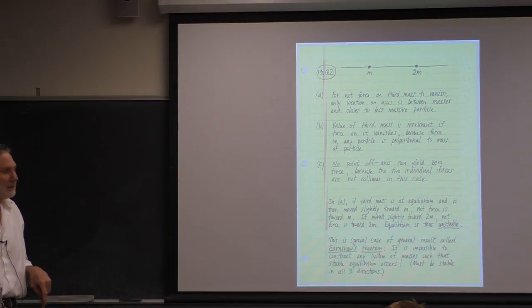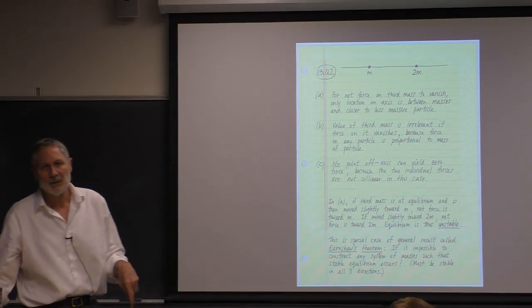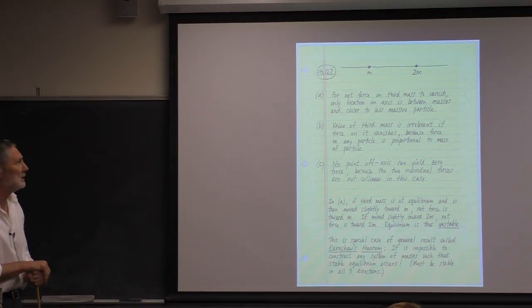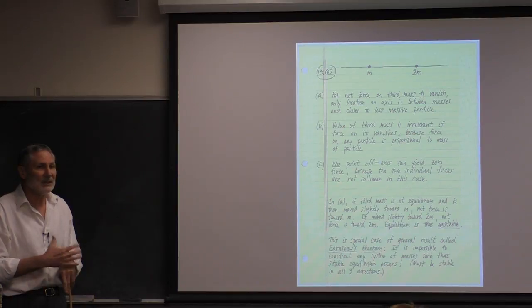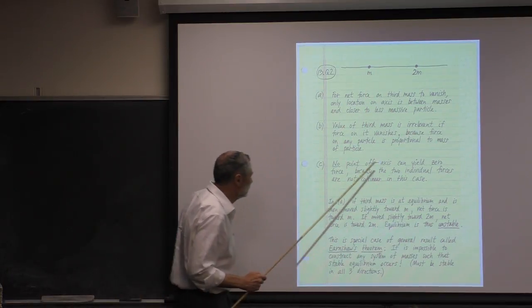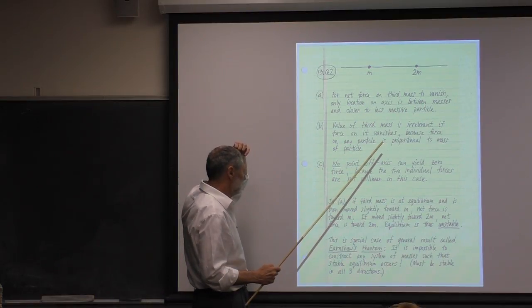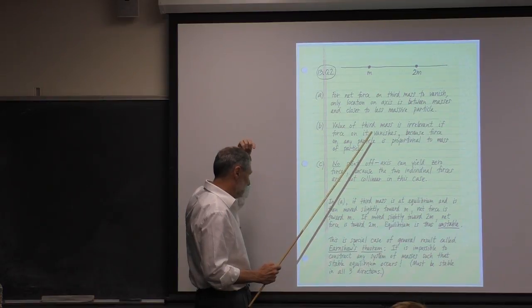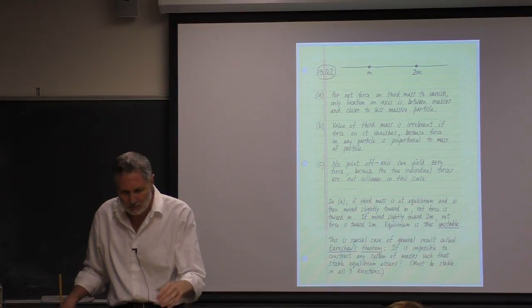Now this is not the whole story. This is the whole story in the textbook. But there's another question you can ask here. Oh, I'm sorry, there's one more question here. Hold on, let me look at this.